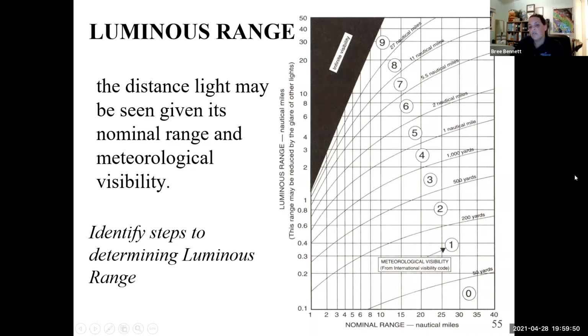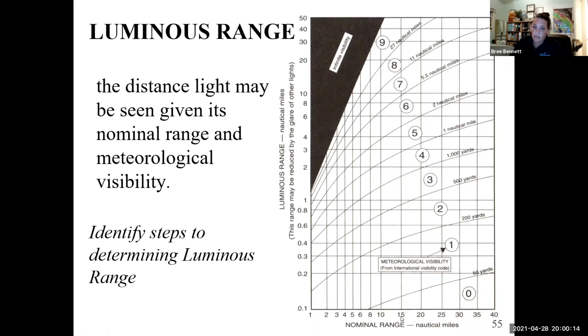So whether you've calculated them yourself or you have used your app or weather service to say, hey, visibility in the area is only 5 nautical miles, I'm going to find the line here that says 5 nautical miles. So this one says 5.5, we'll use that.